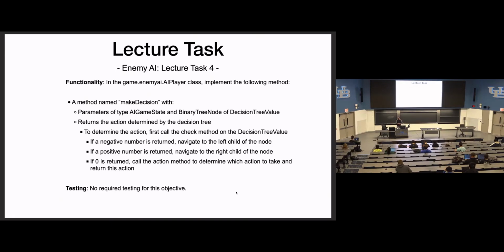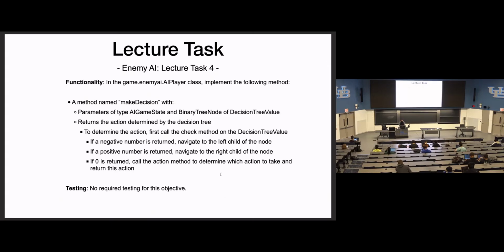So in this way, this is how the AI is going to decide what it's going to do. How is the AI going to make a decision? It's going to go into this decision tree, go into your LT4 method, and decide what to do by either going left, right, through the nodes, through the tree, or executing whatever action is at that node.